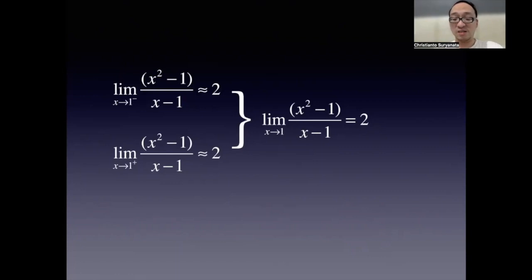Like in this case, the function is undefined when x equals 1. So we look at the values around 1, and we find that the value approaches 2. So we can say the limit as x approaches 1 equals 2.